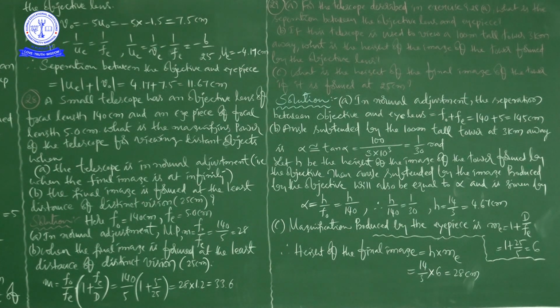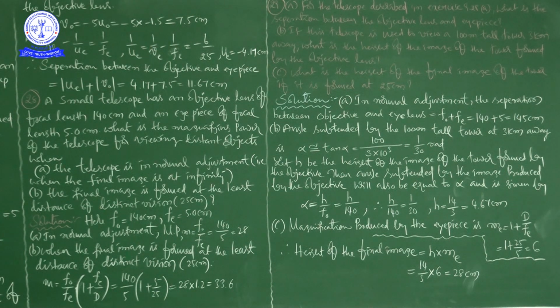See, the angle subtended by the 100 meters tall tower at 3 kilometers away is alpha. When the angle is small, tan alpha is approximately equal to alpha. That is 100 by 3 into 10 power 3, because the distance is given in kilometers but we are taking meters.